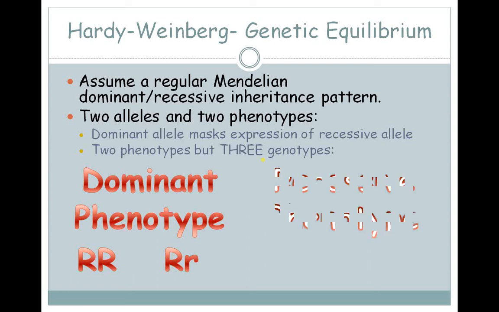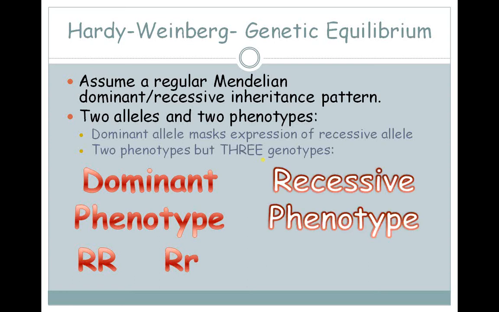An individual, though, who has the recessive phenotype can only have one genotype. So that's the one thing that we focus on here, because if we have an individual that has the dominant phenotype, we have really no idea what their genotype is. However, someone with the recessive phenotype, we know their genotype, and that is little r, or homozygous recessive for that trait.